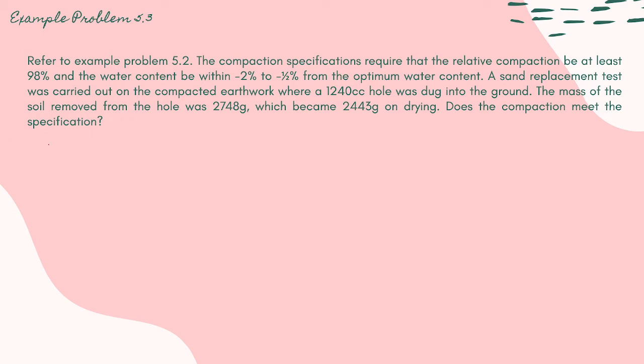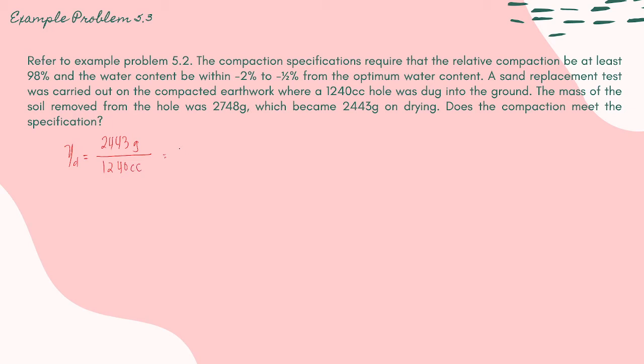So we have to compute gamma D, which is equal to 2443 grams, using the dry grams all over the volume of the hole, which is 1,240 cc.